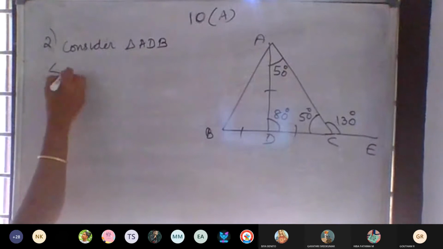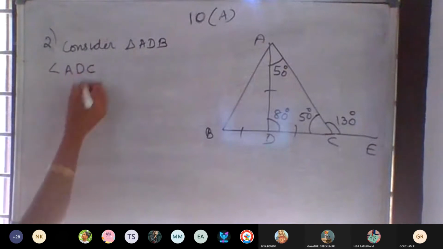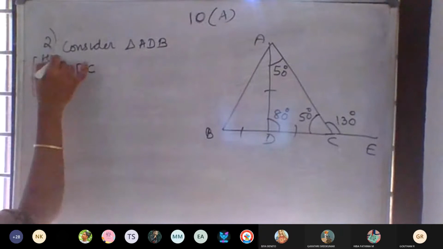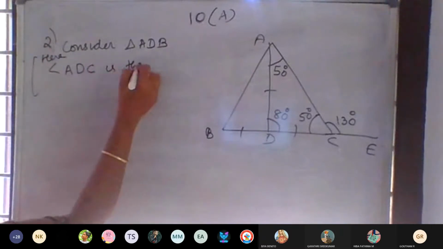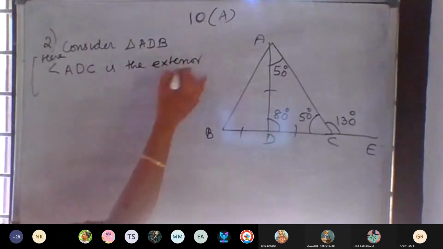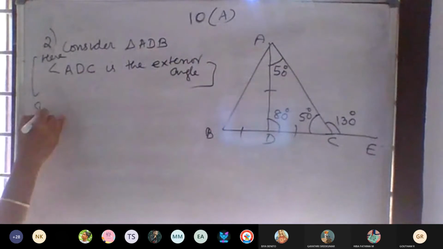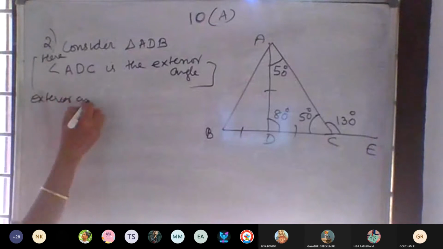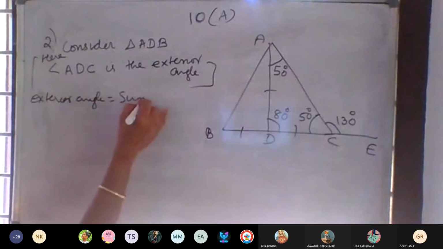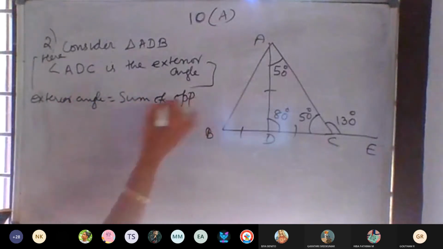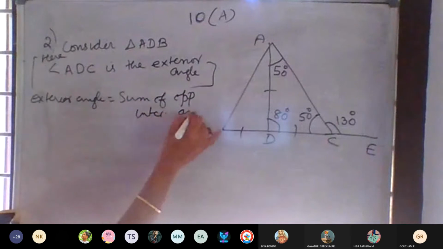Here angle ADC will be the exterior angle. We know the exterior angle is equal to the sum of opposite interior angles.